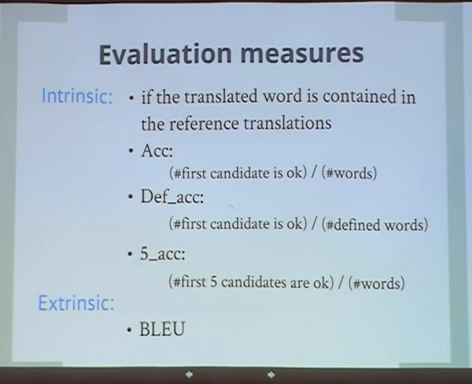And 5 accuracy is the same as the accuracy, but instead of the 1 best candidate, I check the first 5 candidates, whether they are contained in the sentence or not.